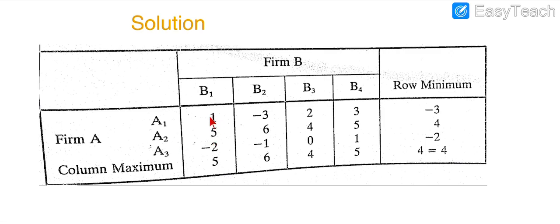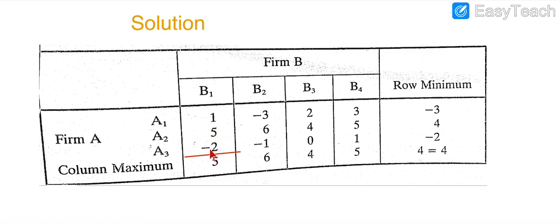you take first column 1, 5, minus 2. You take the first column like this. I explained to you till here. This is A1, A2 and A3. These are the three values: 1, 5, minus 2. And from the first column, you have to take the maximum value.